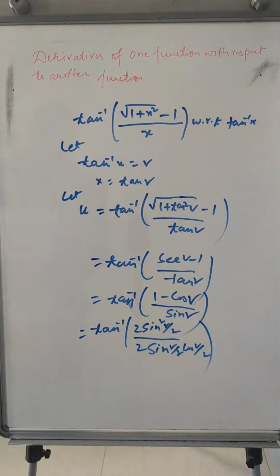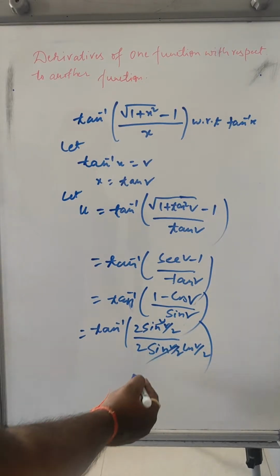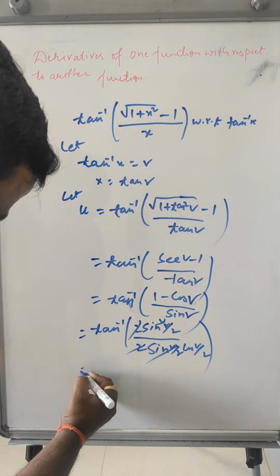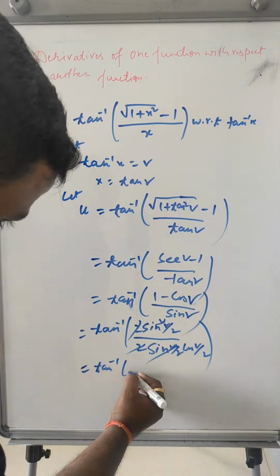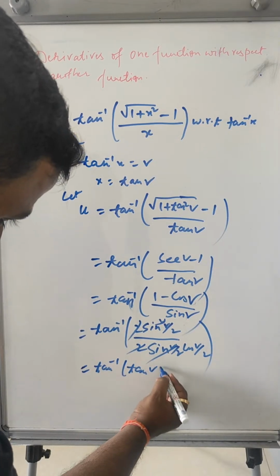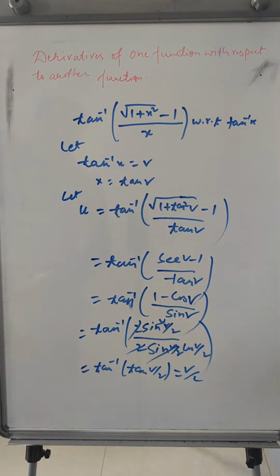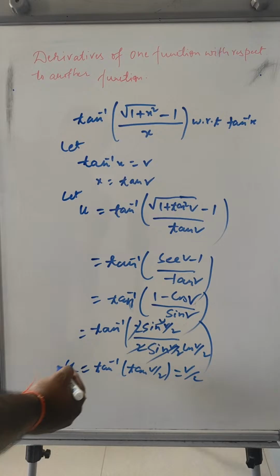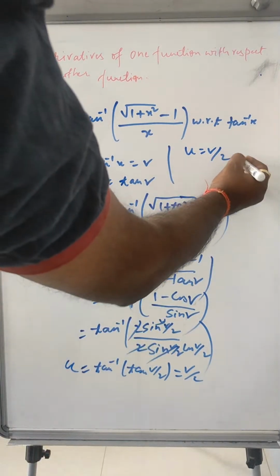So the sin 2 theta formula and the 1 minus cos theta formula, you should remember this. So this 2 and this 2 got cancelled. So tan inverse of tan v by 2 is equal to v by 2, correct? Now u is equal to v by 2. So now what we got? u is equal to v by 2.